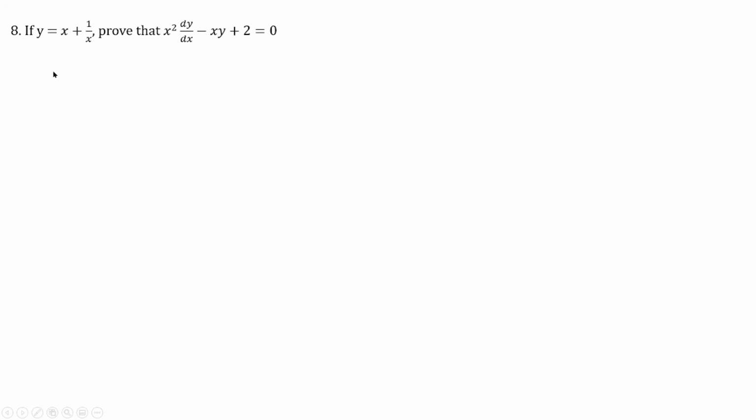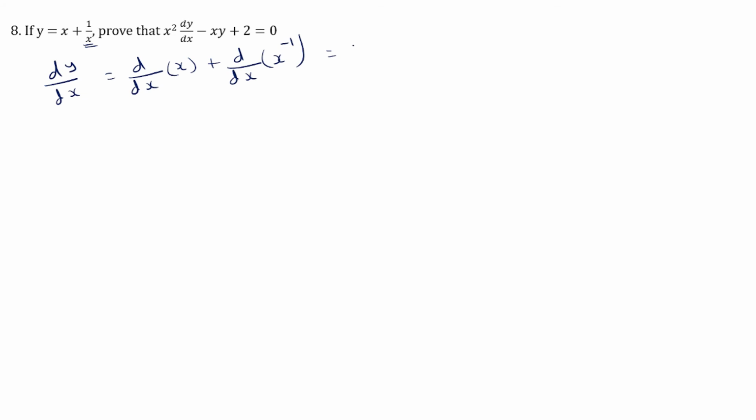Next question, if y is equal to x plus 1 by x, prove that x square dy by dx minus xy plus 2 equal to 0. So first let us find dy by dx. dy by dx will be d by dx of x plus d by dx of this 1 by x, we can write it as x raised to minus 1.